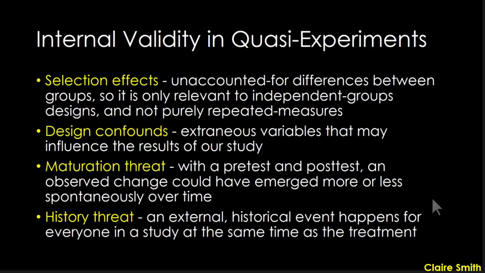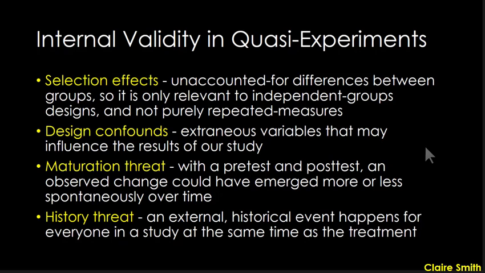Okay, so internal validity. All of this stuff we've talked about before, all of these yellow terms, so these should all be familiar to you. If they're not, you need to go back and review this stuff. The book does a pretty good job of giving a lot of examples of all these different types of threats and effects.